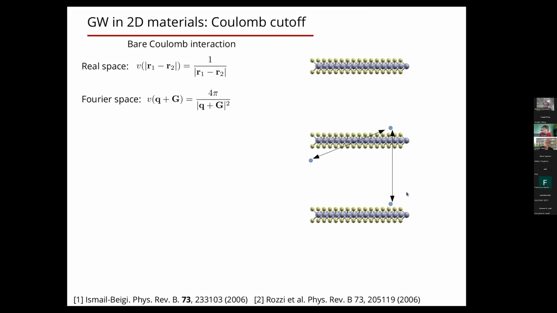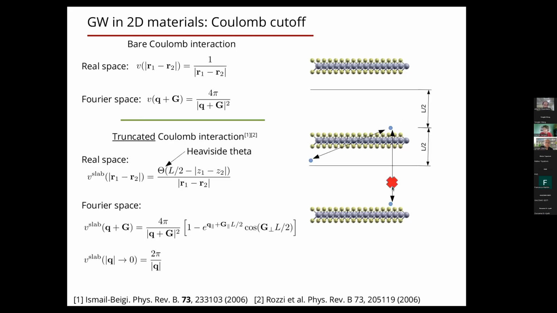So what is done in the code is, instead of using the bare Coulomb interaction, we use a truncated Coulomb interaction. We add a Heaviside theta to let each electron interact only with electrons within plus or minus 1/2 of the dimension of the unit cell in the non-periodic direction.